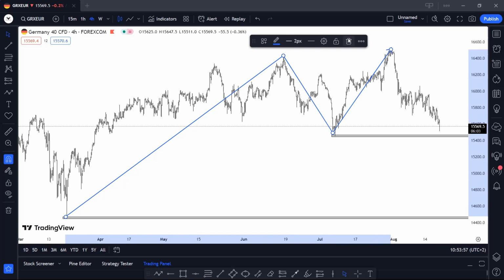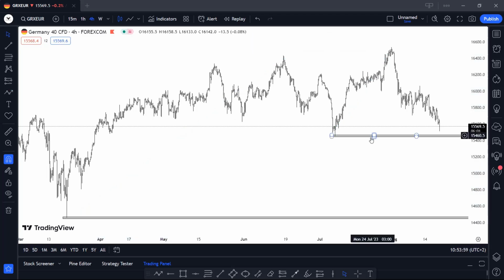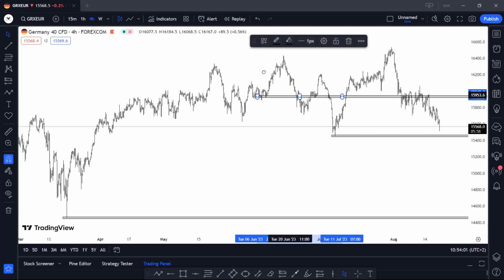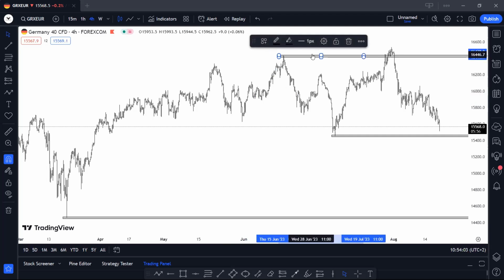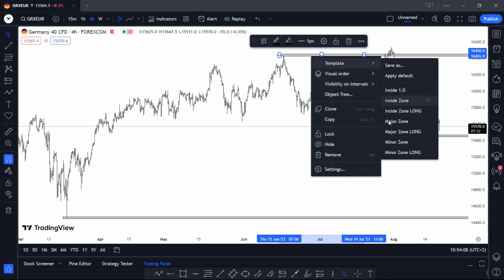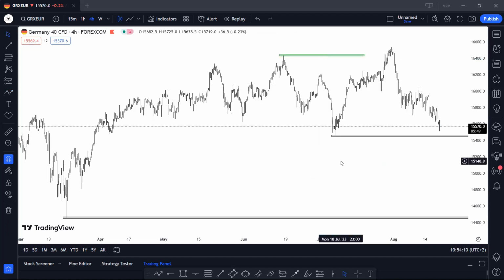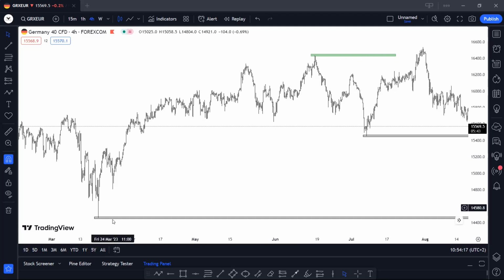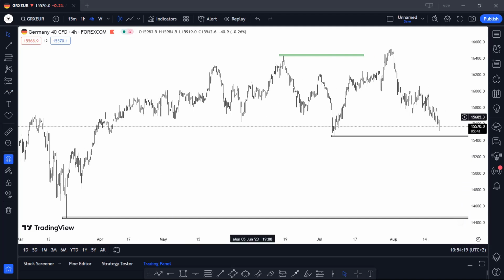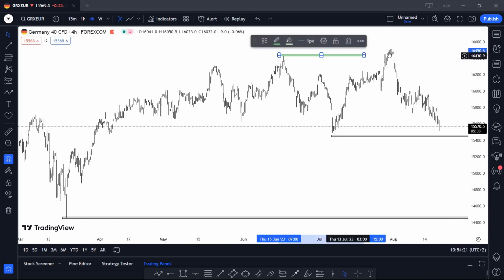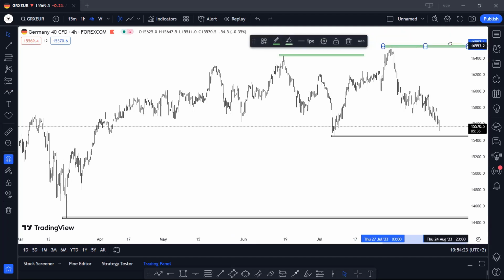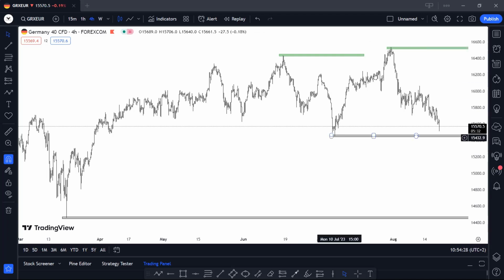So that being said, then we'd have to come and highlight this high here, and obviously we'd have to use a different color. As you can see, guys, you see where I'm getting with this. So kind of like that. Then also here we'd have another one, kind of like that.